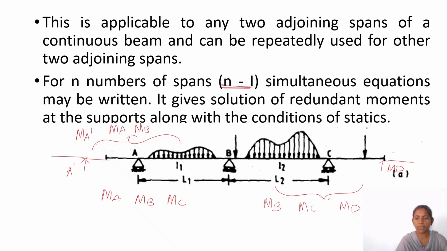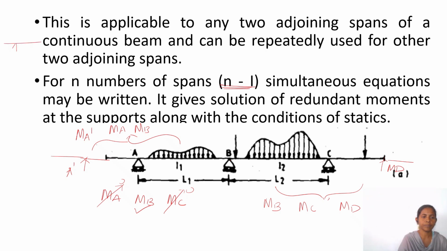Initially you solve for the ABC spans, and if it is purely simply supported, MA is 0 and MC is also 0, so you can directly get the value of MB. If it is continued to the left side span and right side span, then the indeterminacy of the beam is increased.